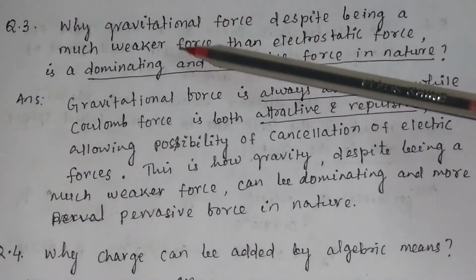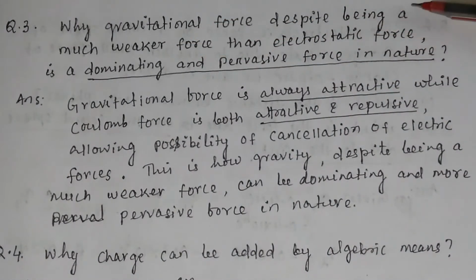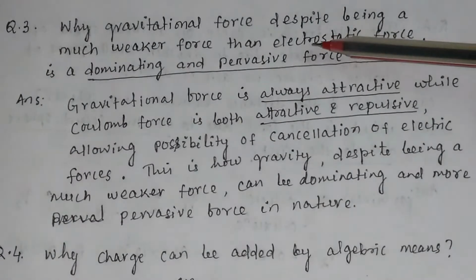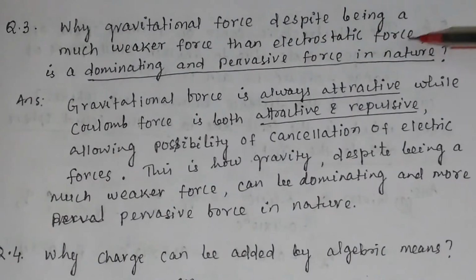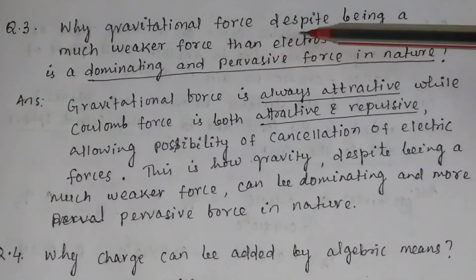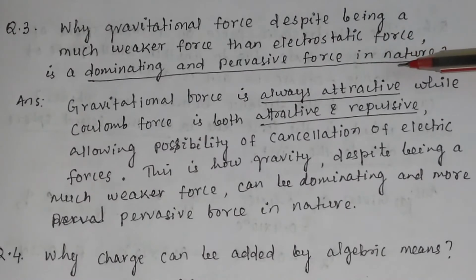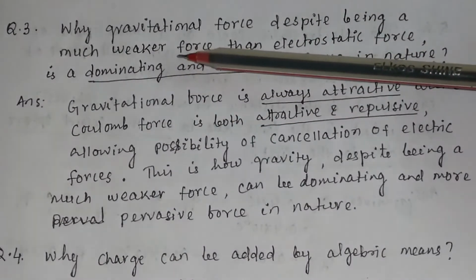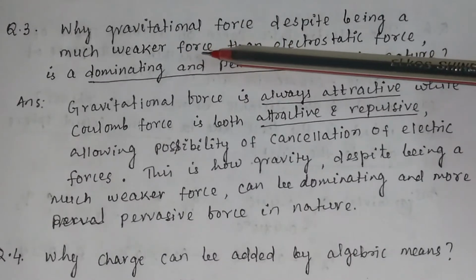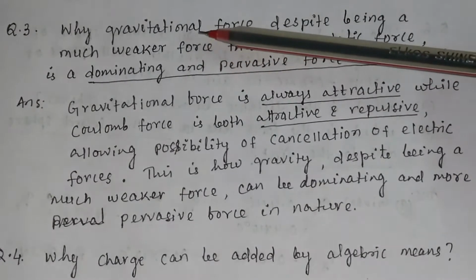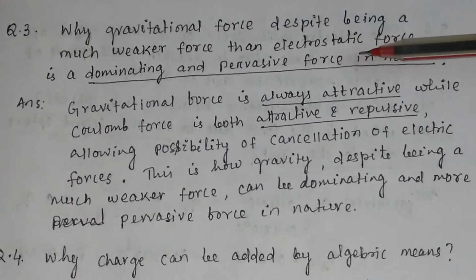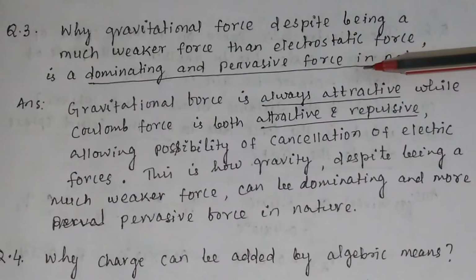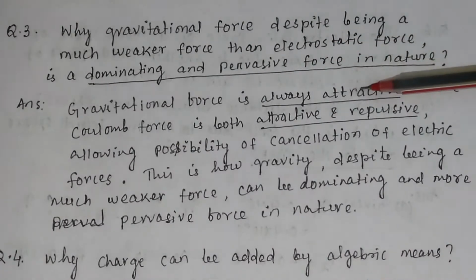The next question: why is the gravitational force, despite being a much weaker force than the electrostatic force, a dominating and pervasive force in nature? In question number 1, we have seen that the gravitational force is very weak in comparison to the electrostatic force. But why is gravitational force more pervasive in nature?